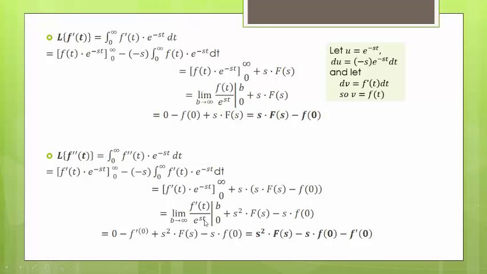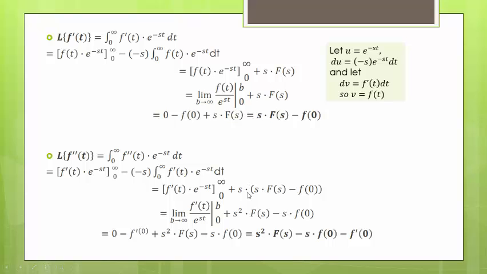Now if f does not grow as fast as an exponential, then its derivative will also not. So assuming that f prime grows slower than an exponential function, the limit of this will go to 0. I can plug in 0, this should be f prime of 0, and that will explain my first two terms.